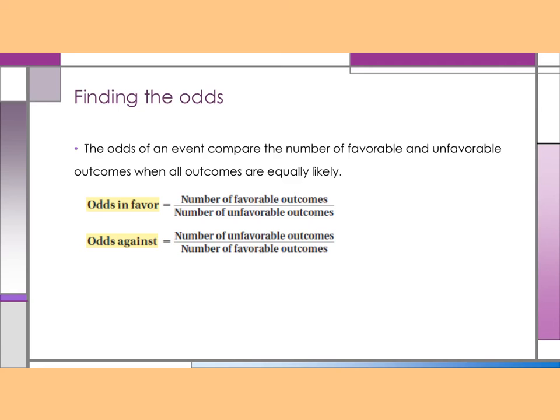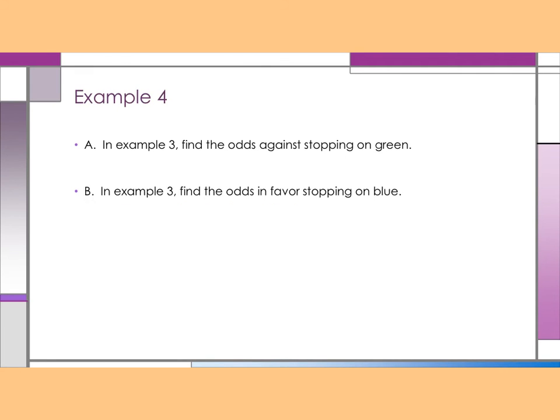And again, top and bottom here should always add up to the whole sample space that you've got for odds. So A says in example 3, find the odds against stopping on a green. This goes back to our spinner.